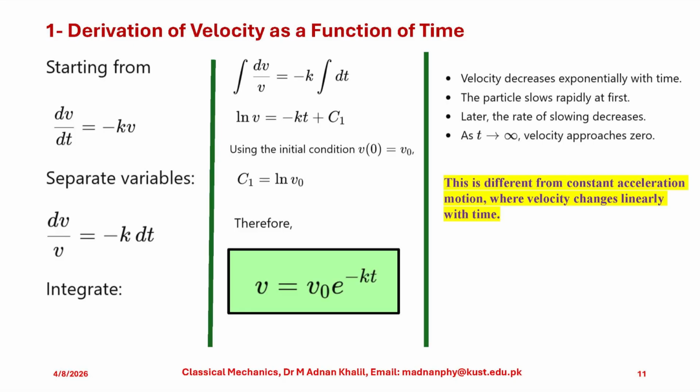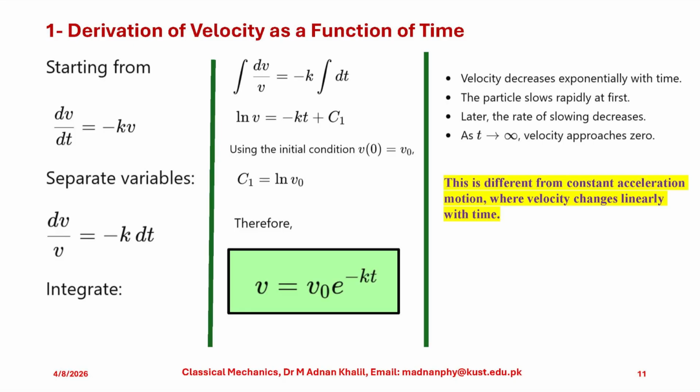Next we integrate both sides. On the left side, the integration of 1 over v times dv gives us log of v, and on the right side, the integration of minus k times dt gives us minus k times t plus a constant of integration.